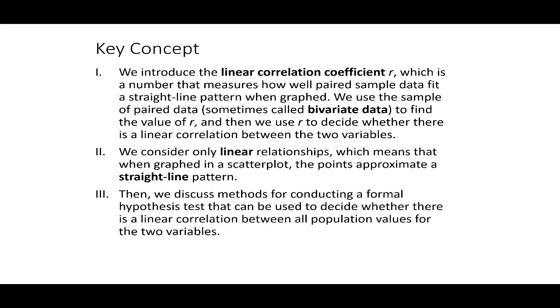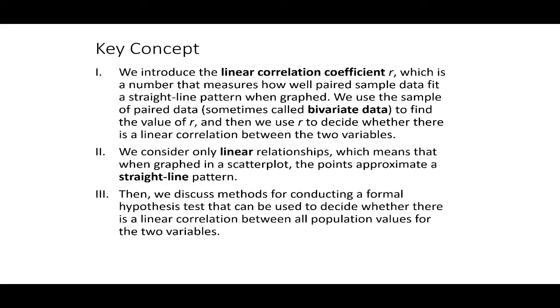The key concept in this first section, correlation, is whenever we have data given as two different samples, we try to find out whether they are related or not by finding the linear correlation coefficient R. And we only consider the linear relationship.